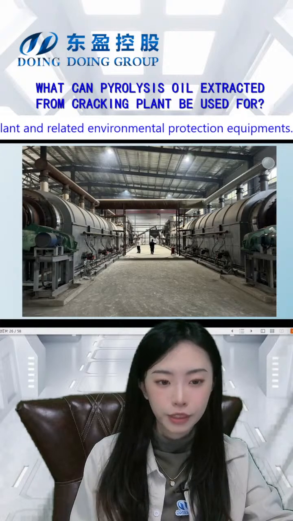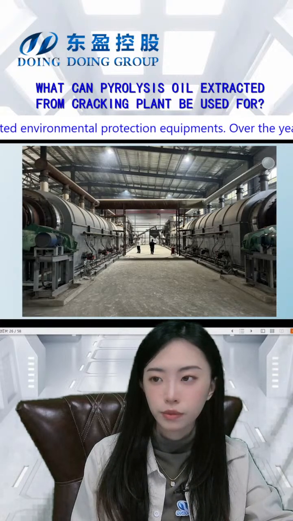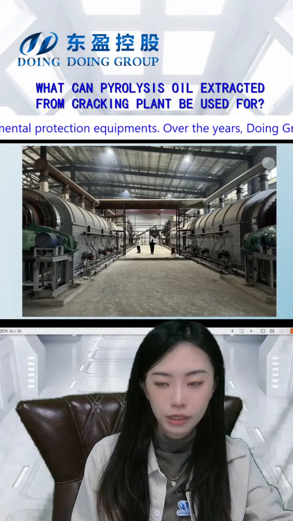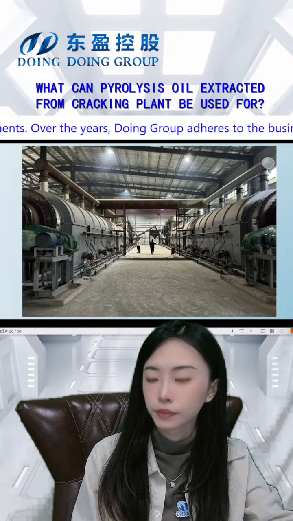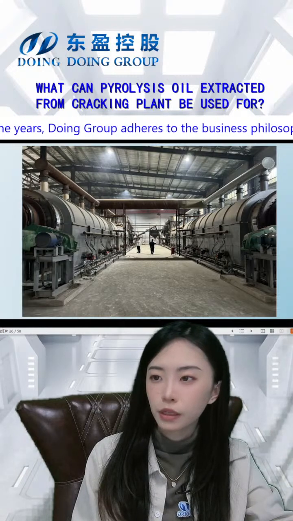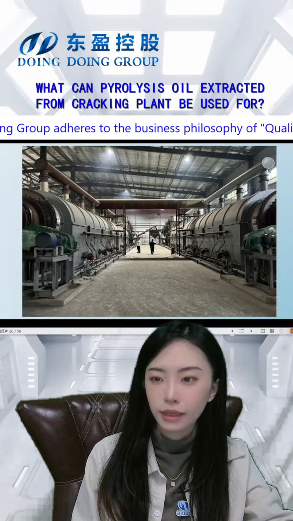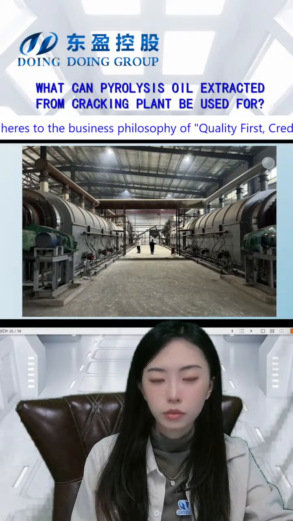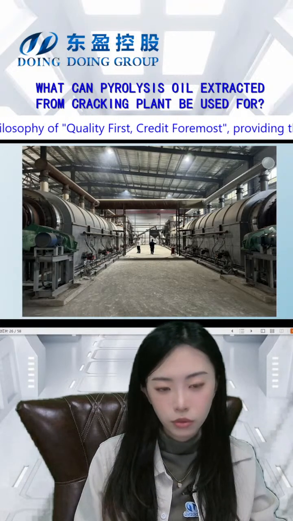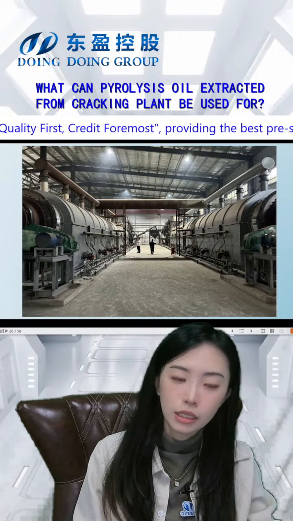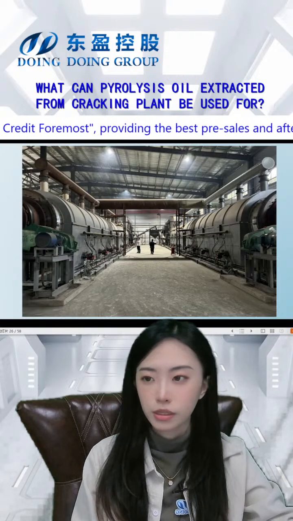Each line is 50 tons, so it will process more than 100 tons per day of material. The heating way of the burner. This is a reactor of more than 26 meters. The whole line will occupy nearly 700 square meters.